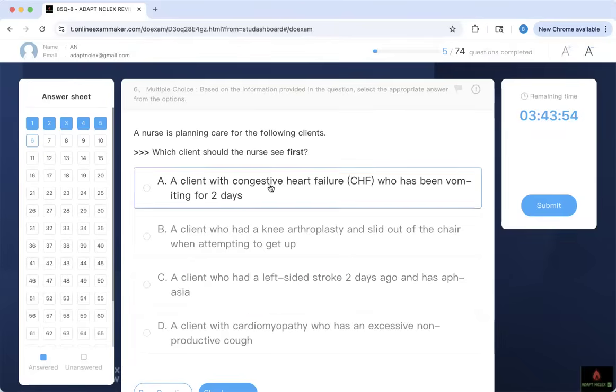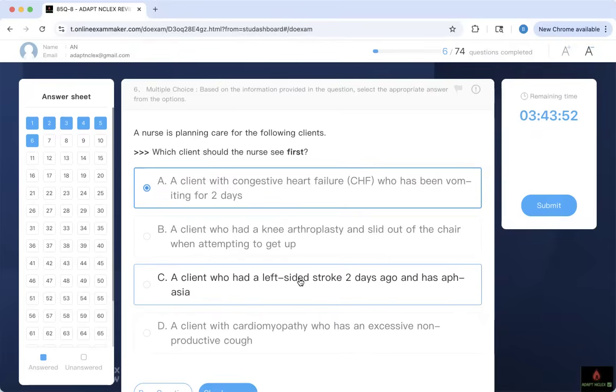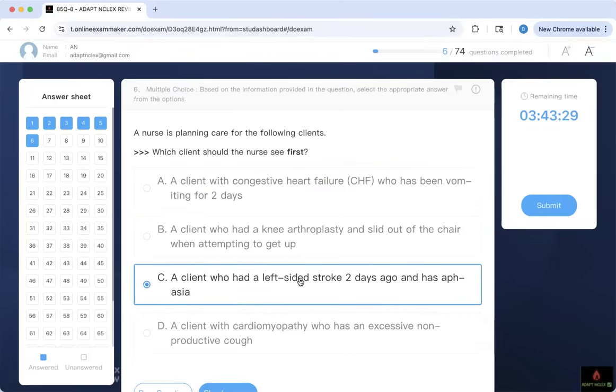What is the right answer? 1. How do you answer it? Find what this question is asking you: who do you see first? One of them is in trouble. Why do I pick 1? CHF. When I see a CHF patient, I know the fluid is overloaded and their heart is probably not working well already. If you're vomiting for 2 days, there's going to be a fluid shift and an electrolyte issue.